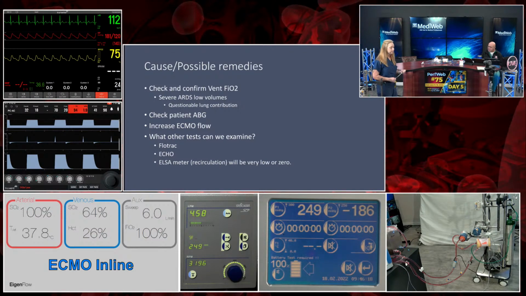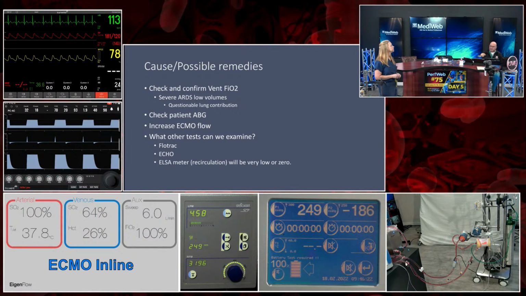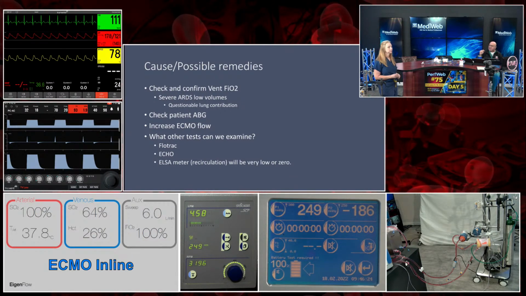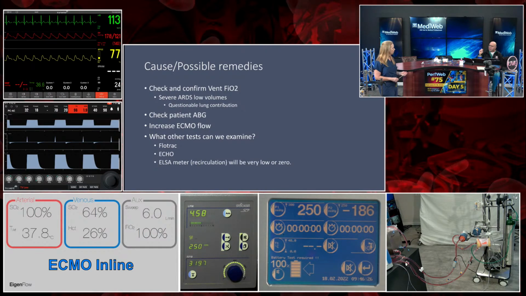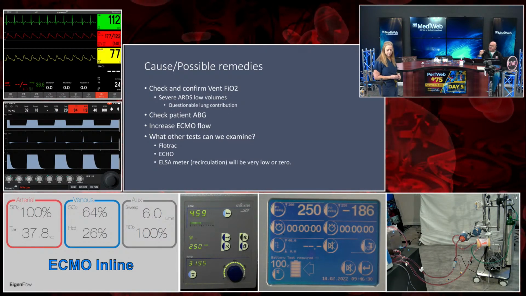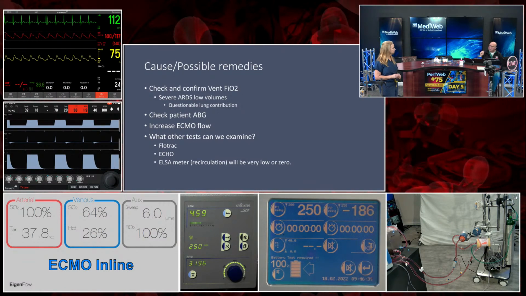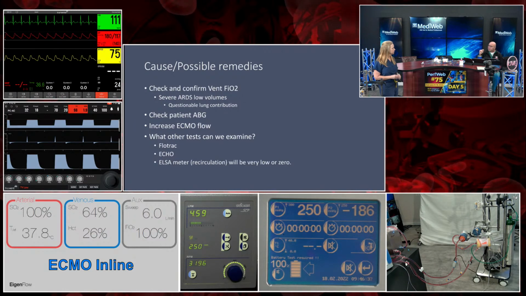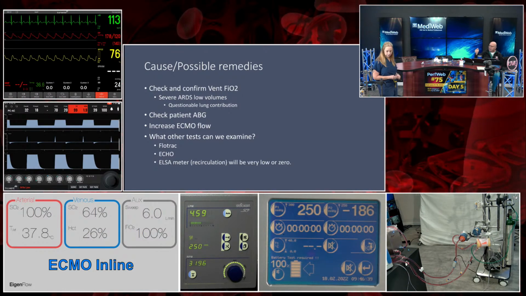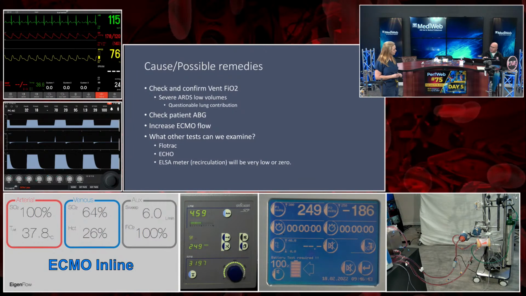Yes, absolutely, 100% correct. And conversely, even with a perfectly placed VV ECMO cannula, if your cardiac output is depressed lower than your ECMO flow, like you're going into RV failure, then you will have very high recirculation.